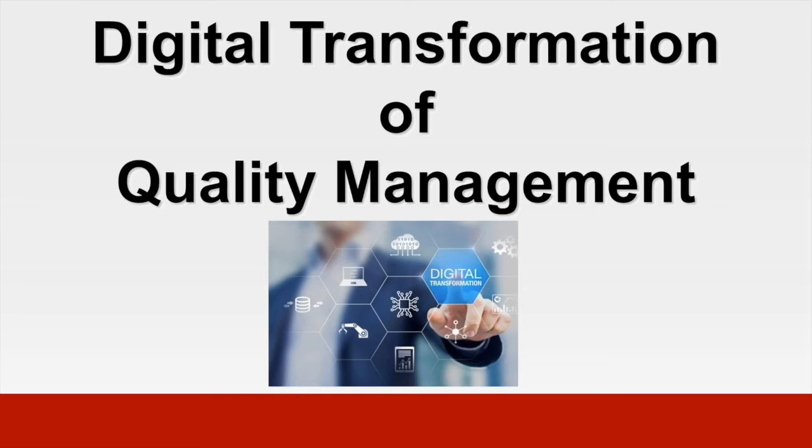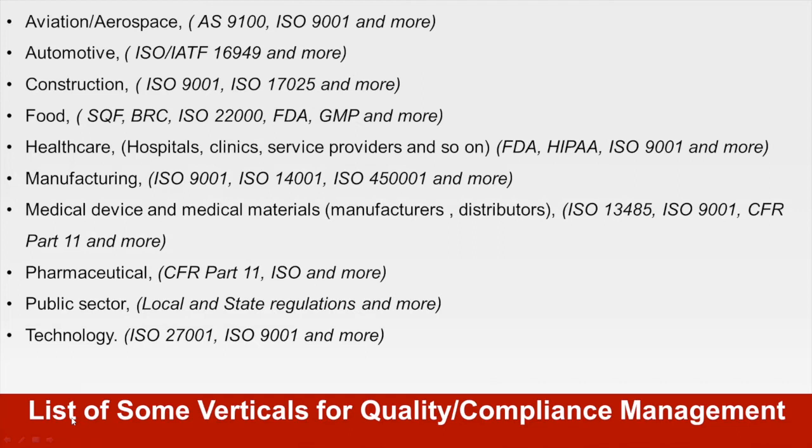From this point of view, we like to focus on digital transformational quality management operations at any company. As we all know, there are many quality management systems available in the world. Depending on your industry, you may be in aerospace, perhaps automotive, maybe construction.